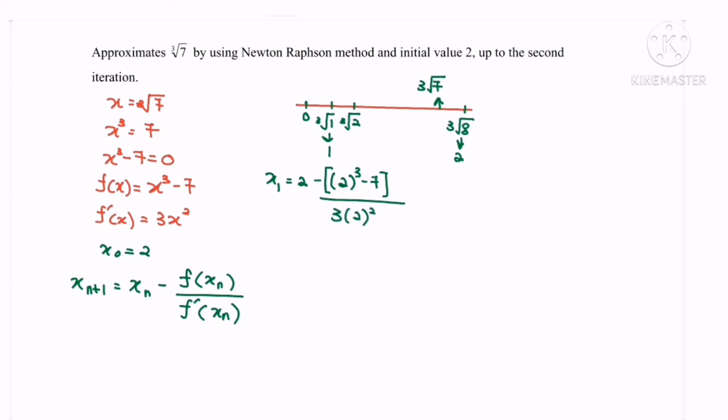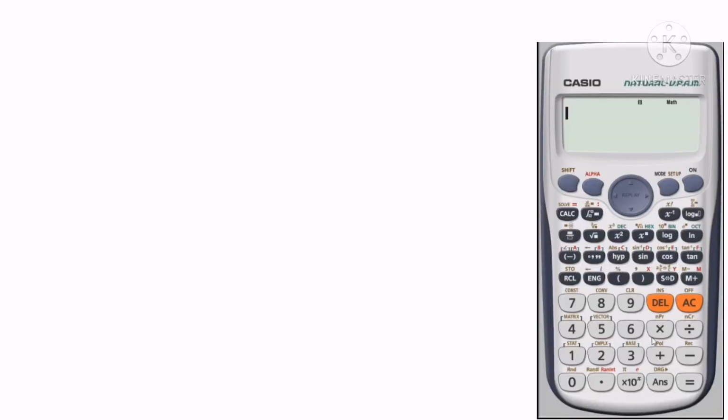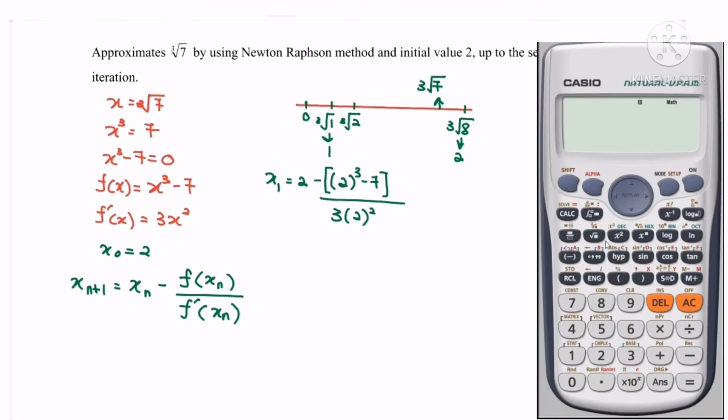Kindly refer to the calculator. Key in the formula: alpha x minus the ratio, where we have the function alpha x to the power of 3 minus 7 over 3 alpha x squared.